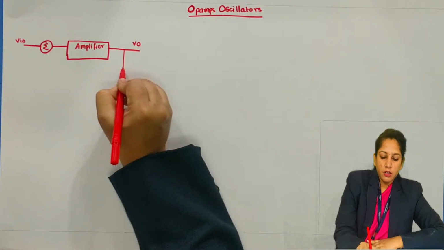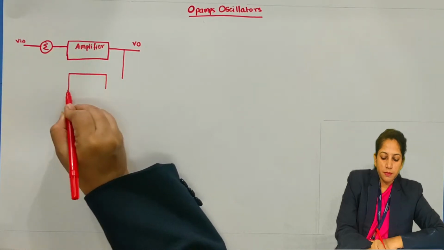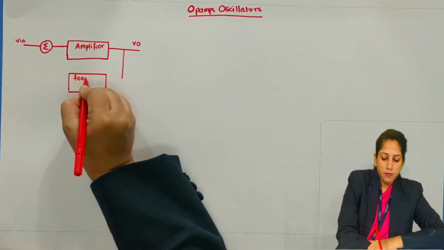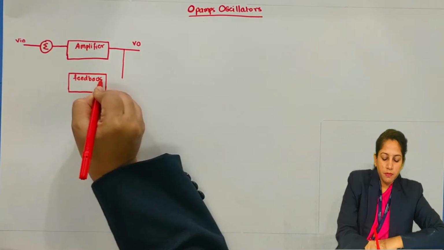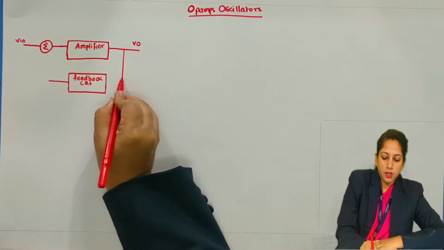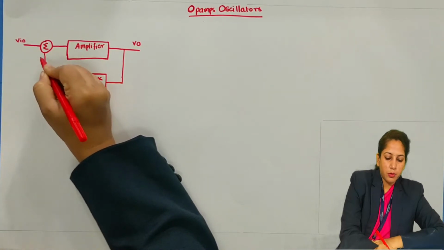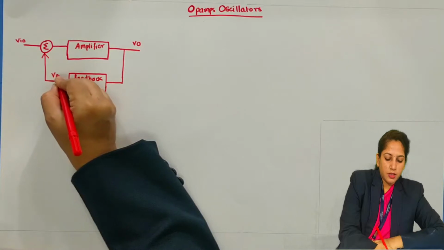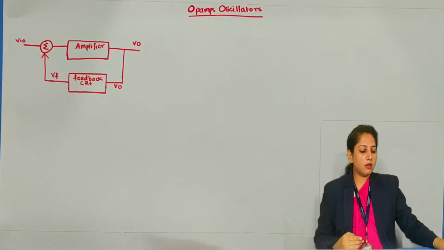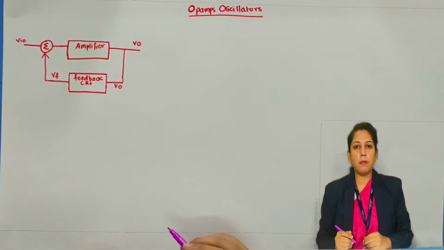And here I will join a feedback circuit. The input of the feedback circuit will be a part of the output, and it is given back as an input. Suppose this voltage is Vf and here is V0. So this is a basic block diagram for an oscillator where I will be using an operational amplifier.